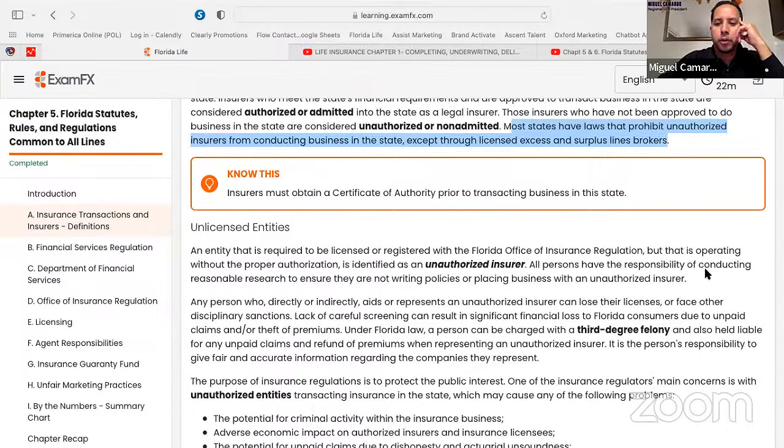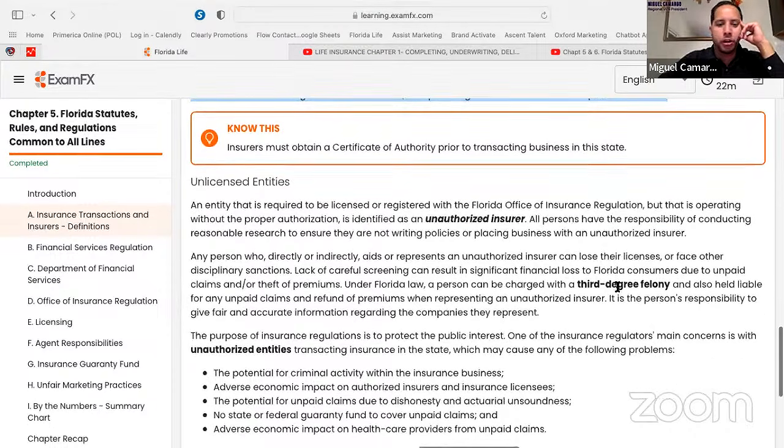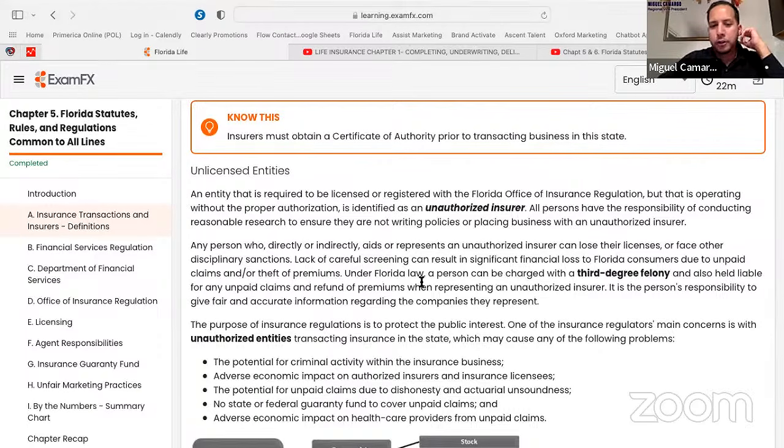All persons are responsible for conducting reasonable research to ensure that they are not writing policies or placing policies with an unauthorized insurer. It's right here. Under Florida law, it can be a third-degree felony, and you can be held liable for any unpaid claims and required to refund any premiums. So if you happen to do business in a whole other state and for whatever reason a claim doesn't get paid, that insurance company is liable. That's something that is good to know.